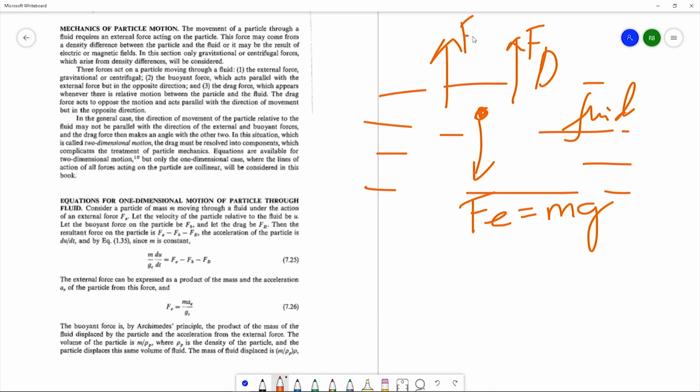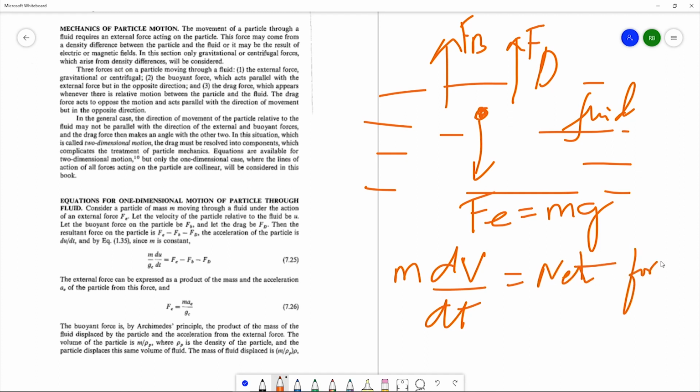Now the particle is moving, so from Newton's law, the acceleration is related to the net force. What is the net force? If you take the external force as the main one, the particle is moving in this direction, and the resultant movement is in this direction, so this Fe must be higher.